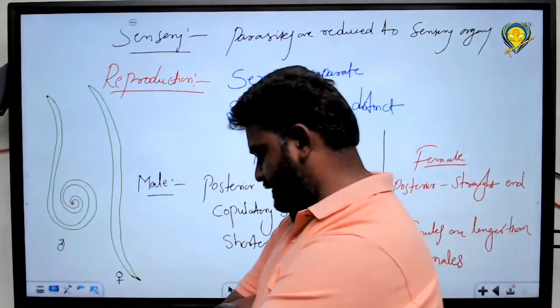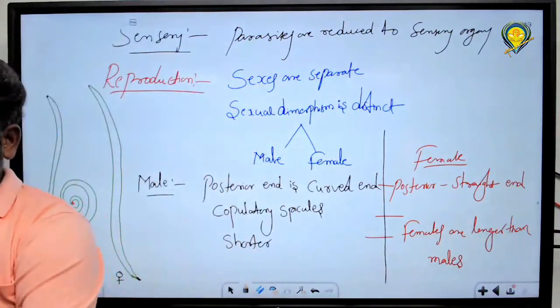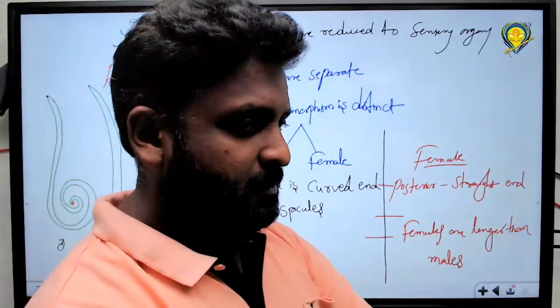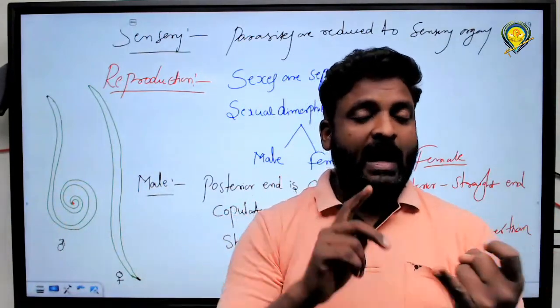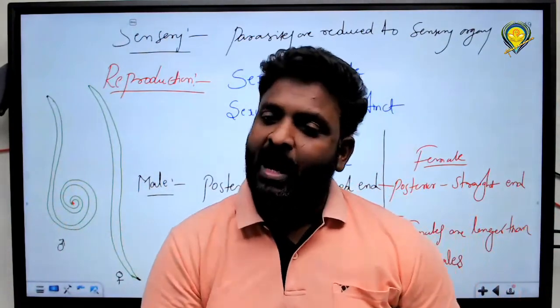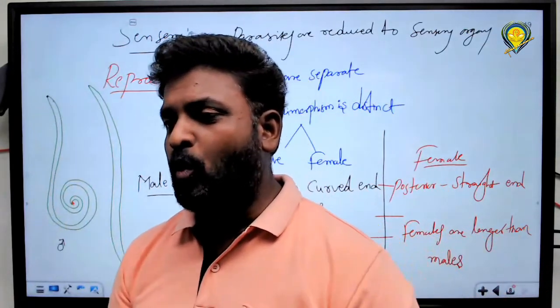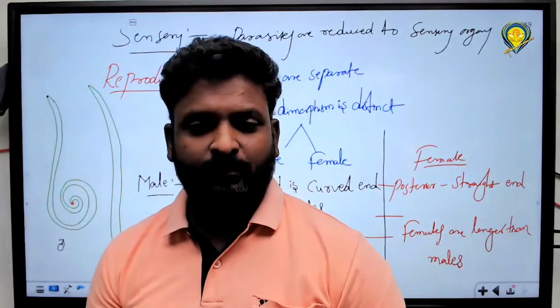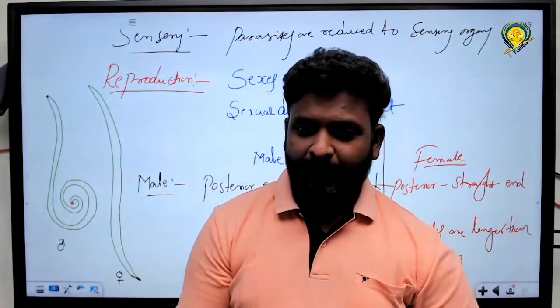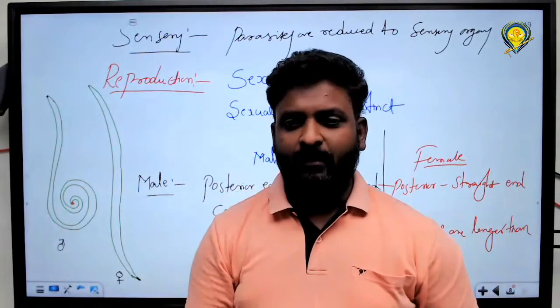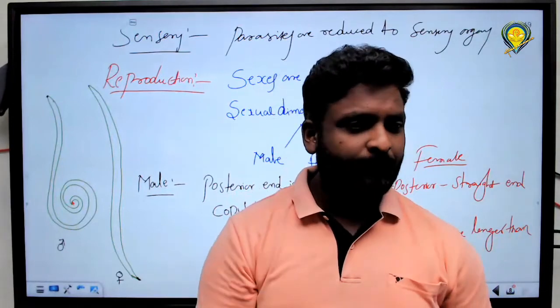Could you please tell me examples for that? First one: Ascaris lumbricoides. Ascaris means roundworm, right? Next one, Wuchereria, meaning filarial worm. Ancylostoma, hookworm, right?